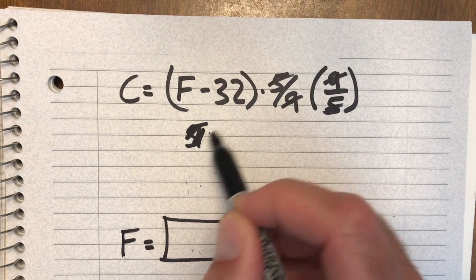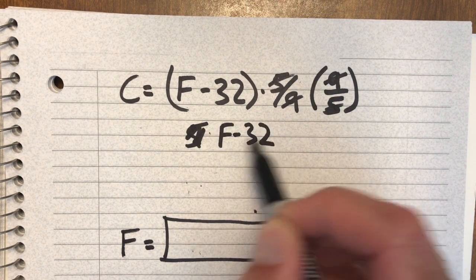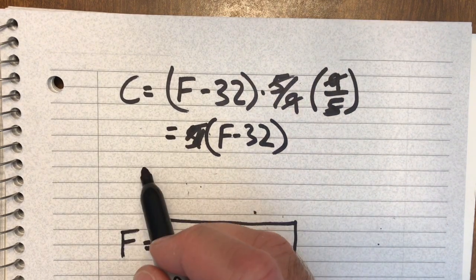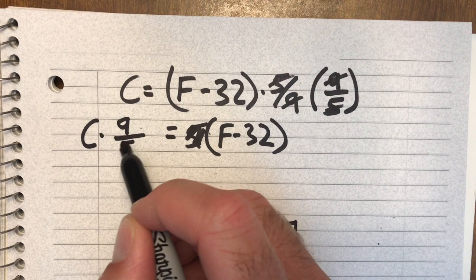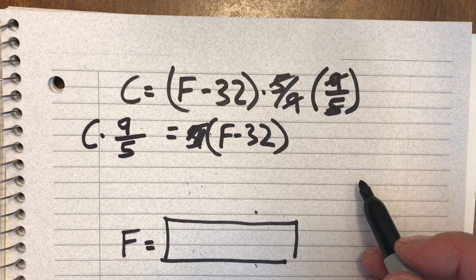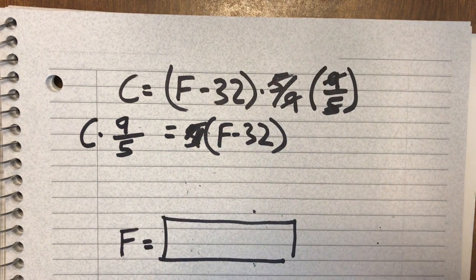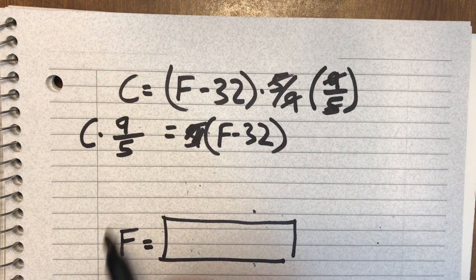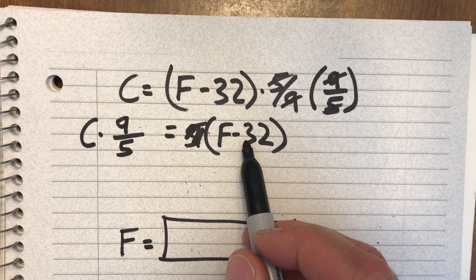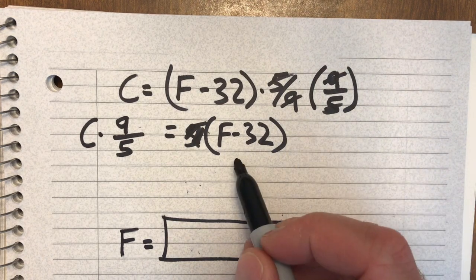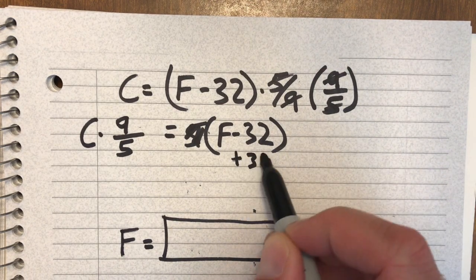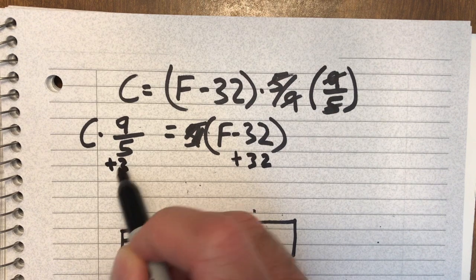So I have F minus 32 equals C times 9/5, or 1.8, but I like to just leave it as a fraction. Now we need to get rid of this minus 32. These parentheses are really unneeded at this point. So we're going to add 32 and add 32.